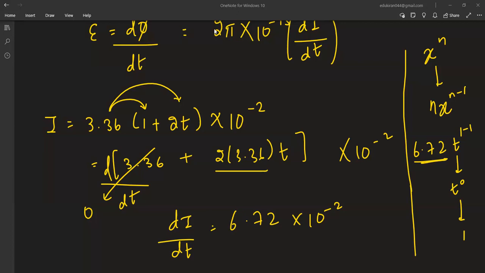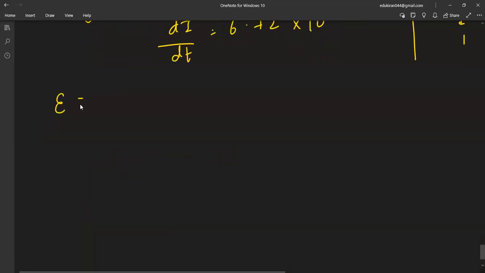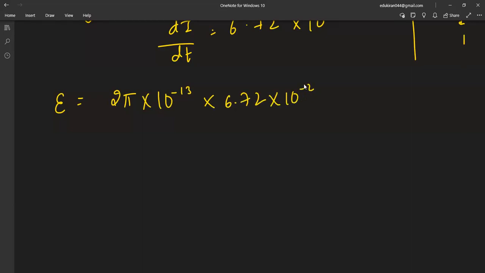Yes, ma'am. Okay. Now see, what have we taken? EMF's value we had, phi's value we had calculated earlier, di over dt also we have calculated. Now at least we can find out EMF. That was the main question. So EMF would be, it was 2 pi into 10 to the power minus 13, and di over dt is 6.72 into 10 to the power minus 2.